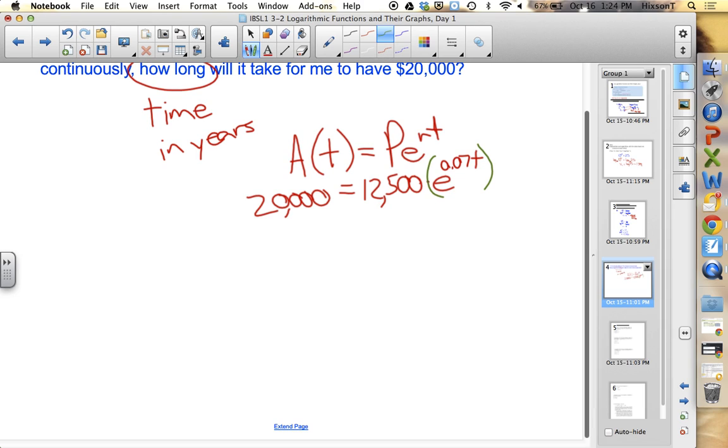That gives us e to the 0.07t equal to 8/5, so 1.6, right? Does everyone understand what we did so far?